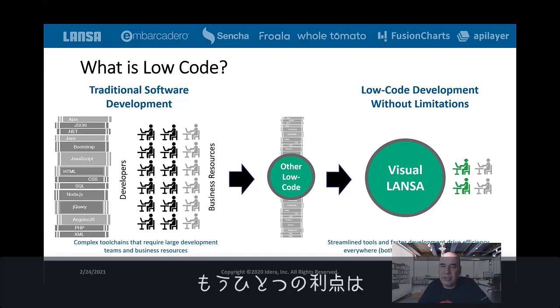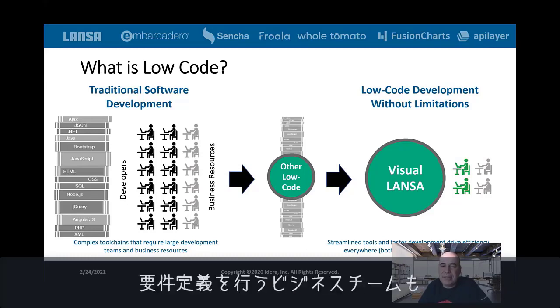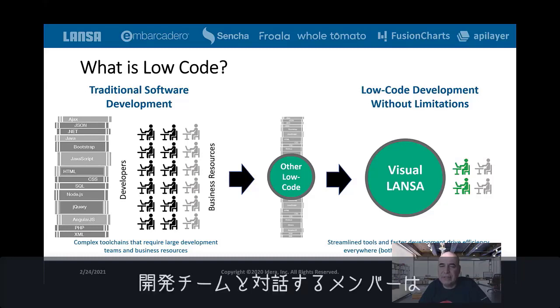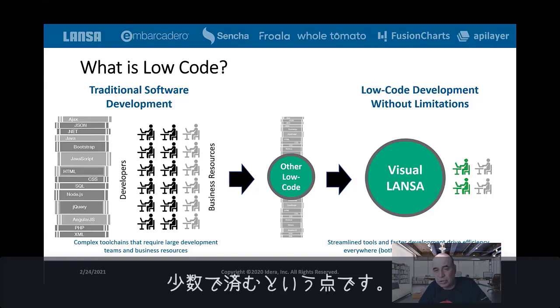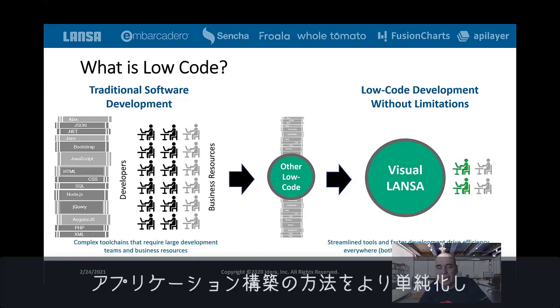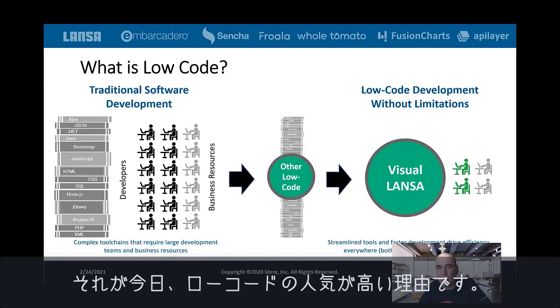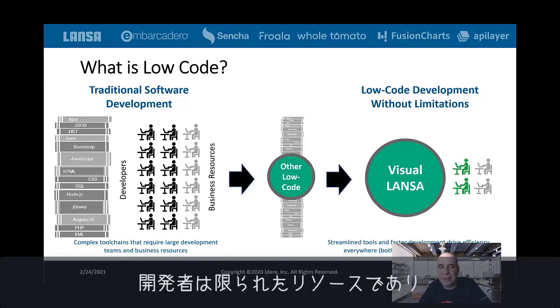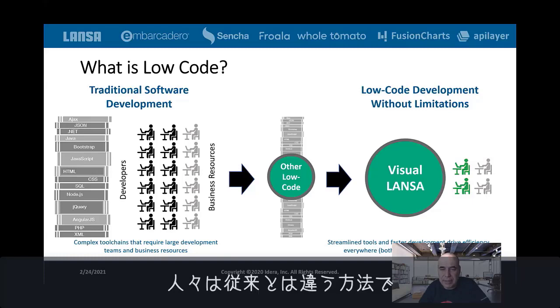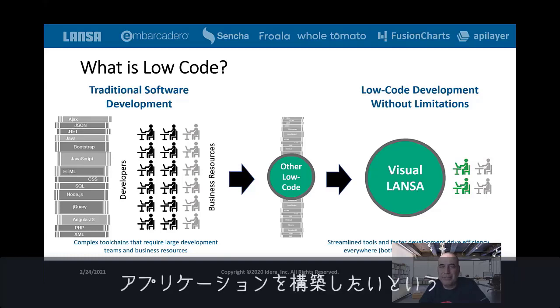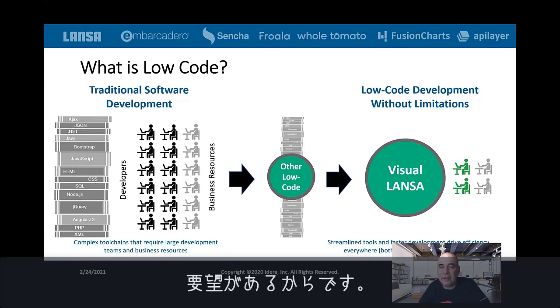Additional advantages to that are that the business teams that create the requirements and interact with the developers could also be smaller. So low code is a simpler way to build applications and saves you a lot of resources. And that is why today it is so popular, because developers are a scarce resource and people want to be able to build apps in a different way.